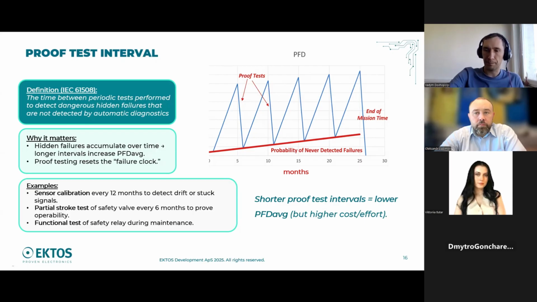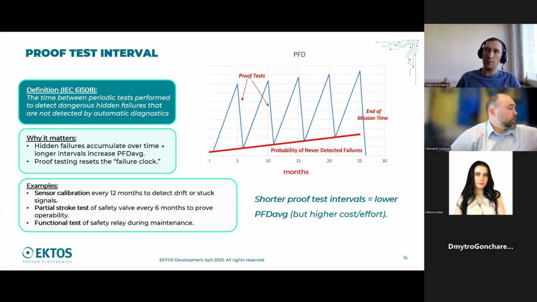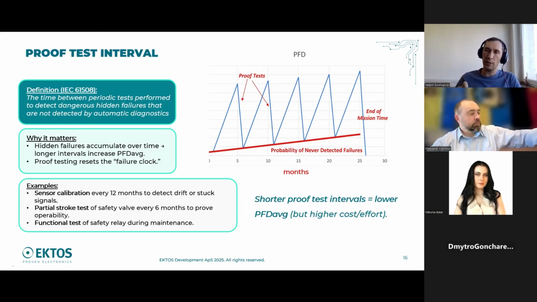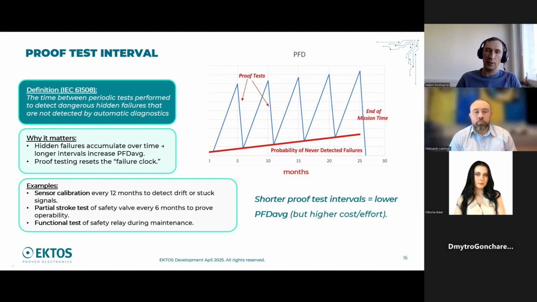Usually it is 12 months for a sensor. Maybe it could be 6 months depending on what you calculate. So if you have a very low FIT value or probability of dangerous failure, it means that you can do proof tests less often. If you have poor performance, you can do proof tests more frequently.